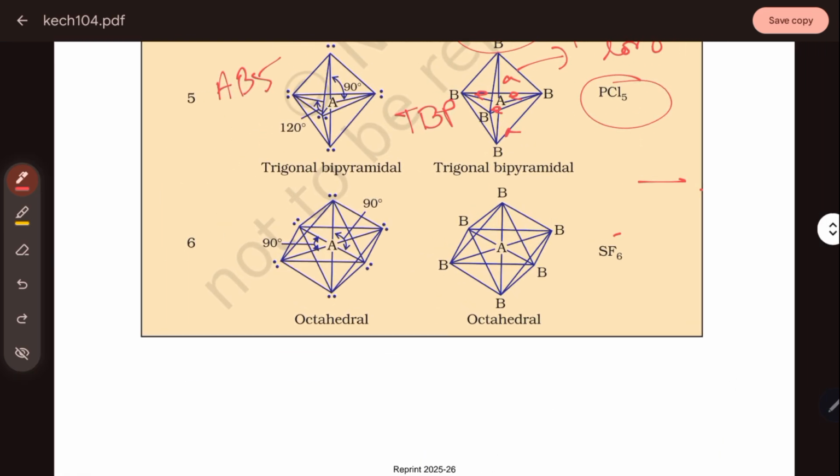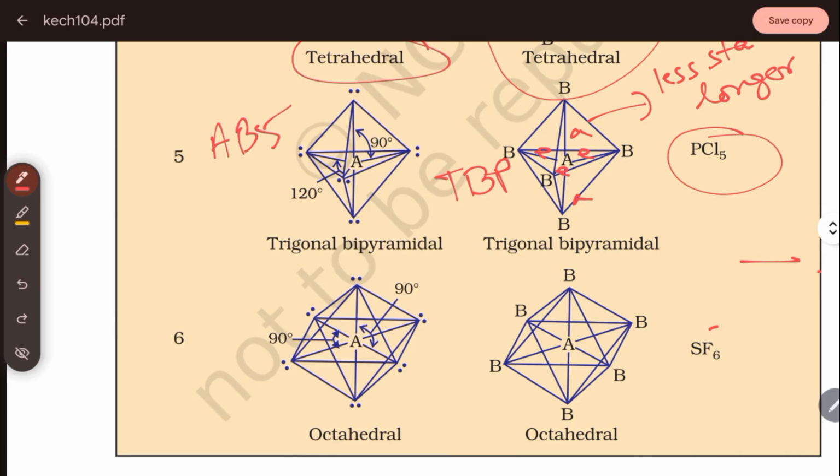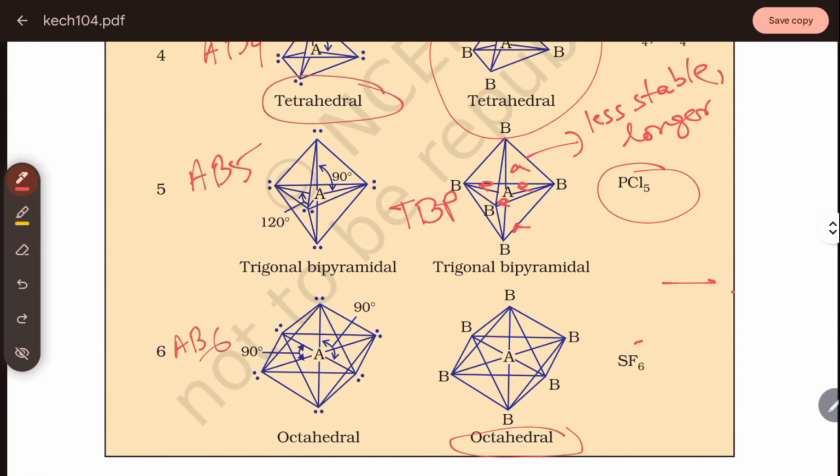Next, moving on to electron pair 6, it is AB6 type and it is an octahedral geometry. Remember one thing, that in octahedral geometry we have a square plane. This is your square plane, and these are the equatorial bonds, square planar geometry. But when I have two more here, the axial bonds, I will say the axial bonds are more stable.